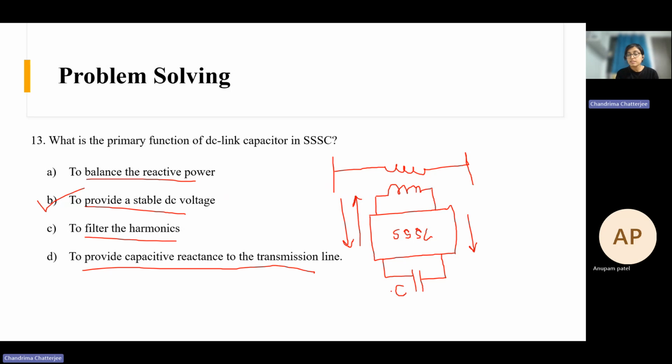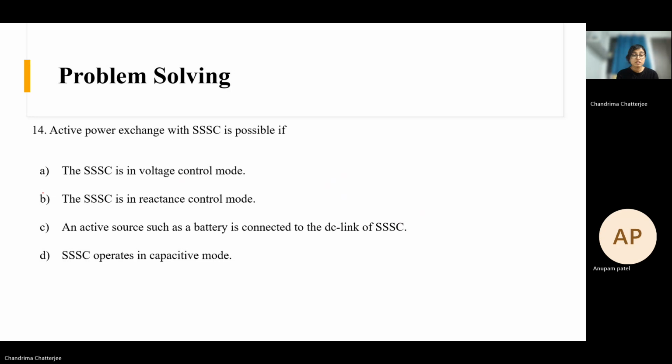But if you just add here an active DC source, suppose a battery or some other active DC source, then you can also exchange active power with the transmission line, with the system. Okay. So an active source such as a battery is connected to the DC link of SSSC. This is the correct option. Fine.